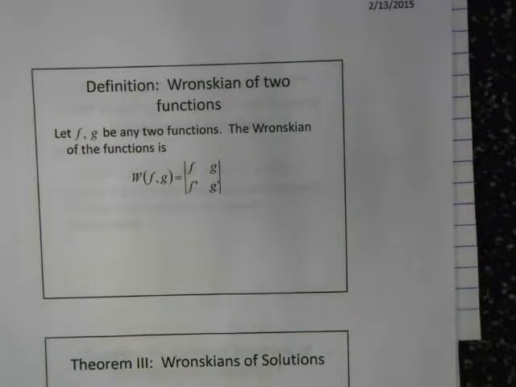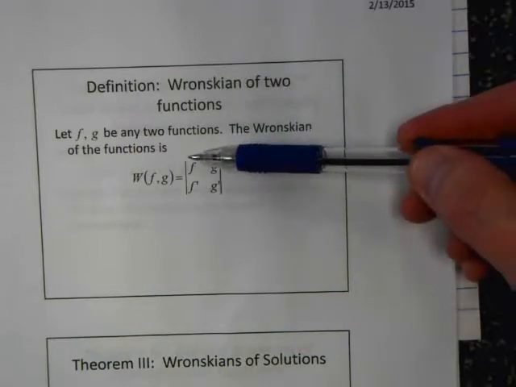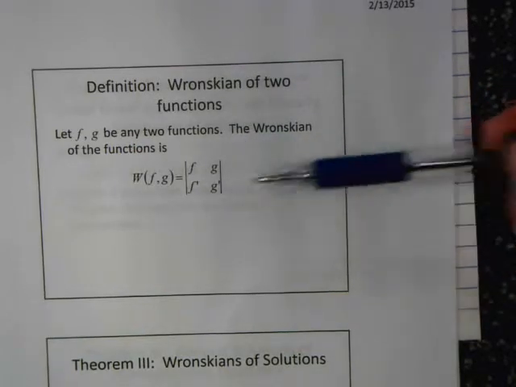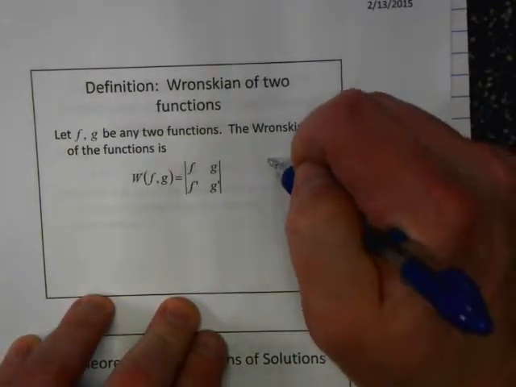All right. Definition of the Wronskian, named after another famous dead mathematician. Let f and g be any two functions. The Wronskian of f comma g is defined to be this. What does this symbol mean? Anybody know? This is a matrix, but normally when we write a matrix, we write it with brackets.